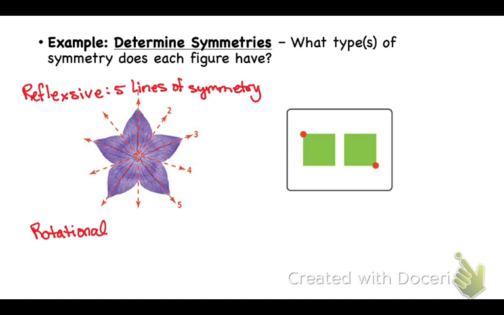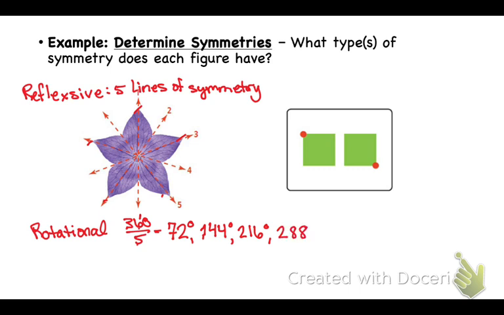Well, how many points do I have on this flower? 5. So 360 divided by 5. 5 goes into 36 how many times? 7. 72 degrees. So 72 degrees, and then 144, 216, 288.